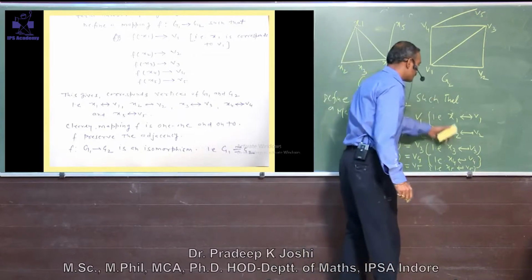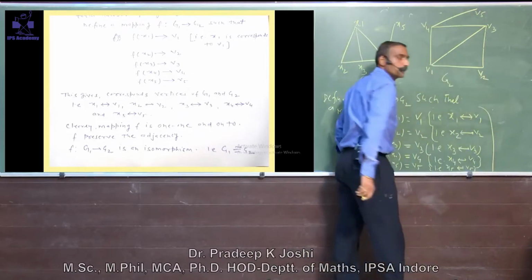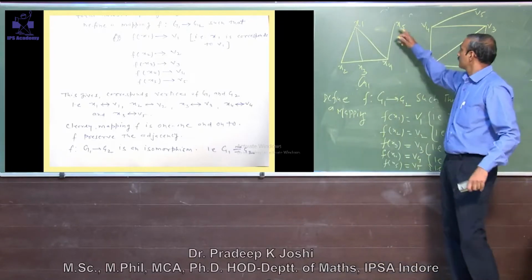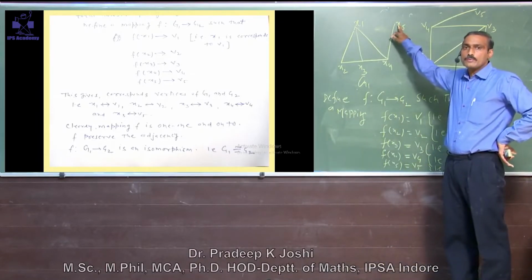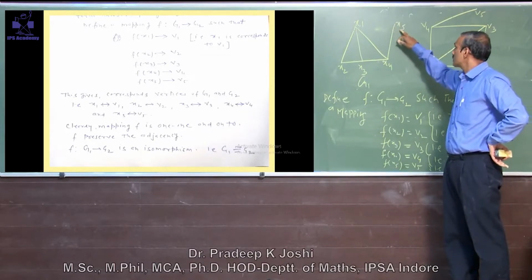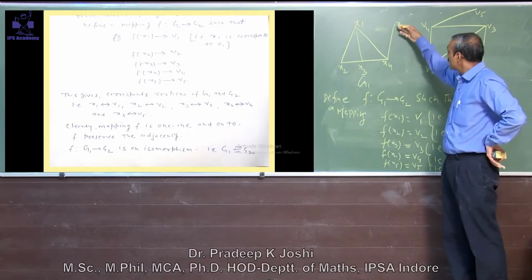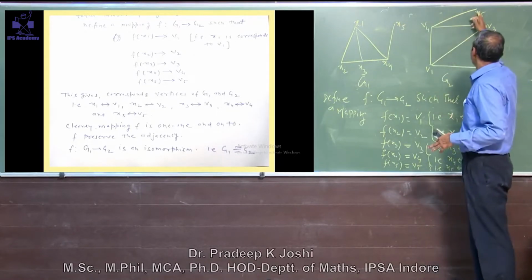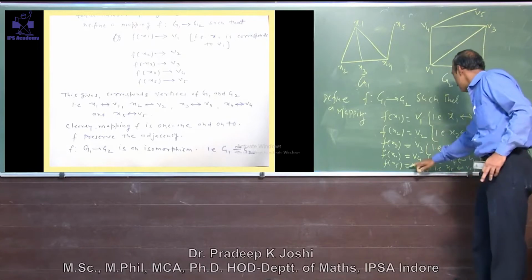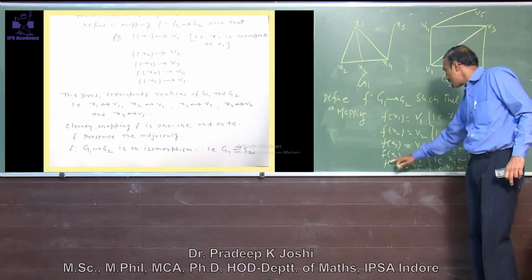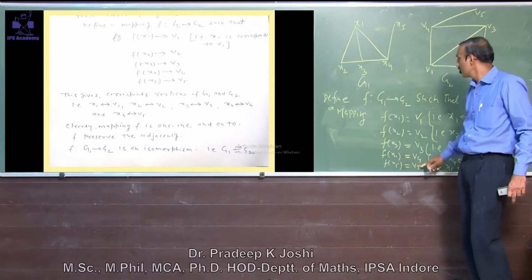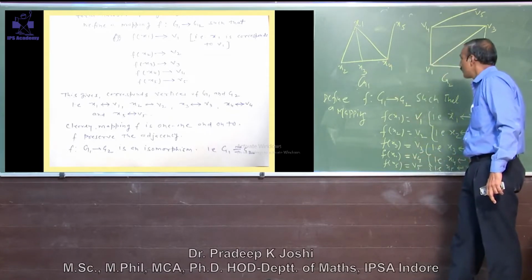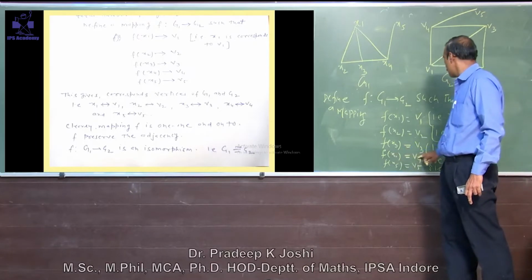This is a very important concept: how we find the corresponding vertices in graphs G1 and G2. Here the degree of x5 is 1, so x5 is a pendant vertex, and similarly we have to find in G2 which one is the pendant vertex. Here v5 is the pendant vertex, so x5 corresponds to v5, that is f of x5 equals v5. Similarly x4 corresponds to v4, that is f of x4 equals v4.